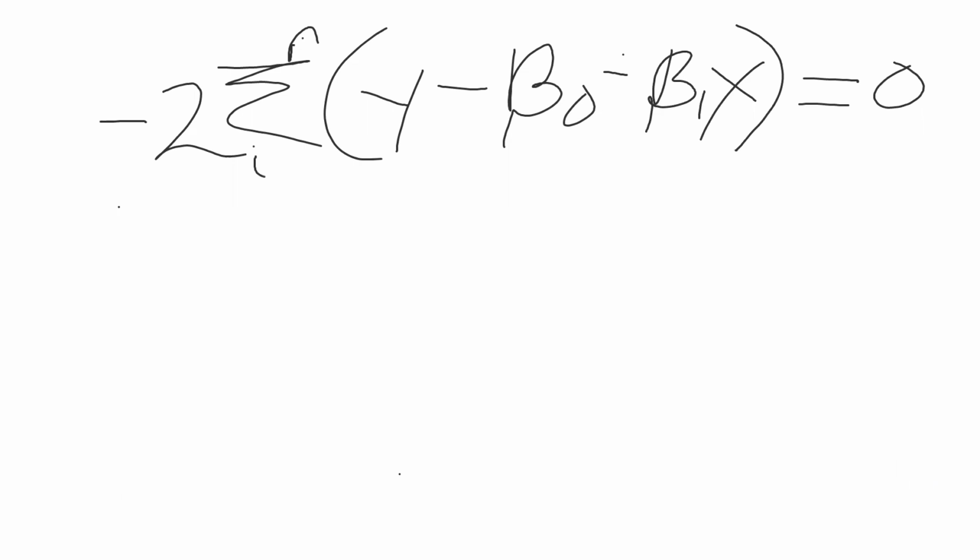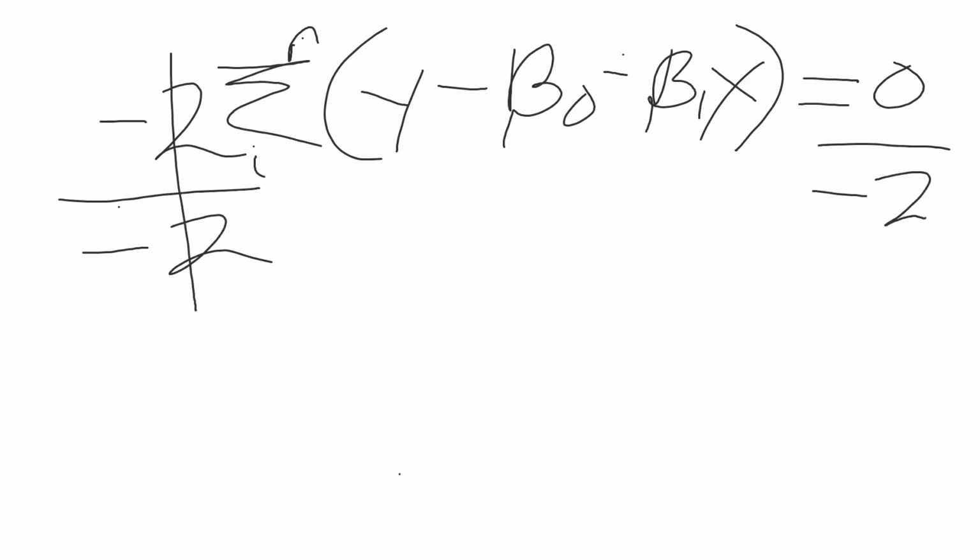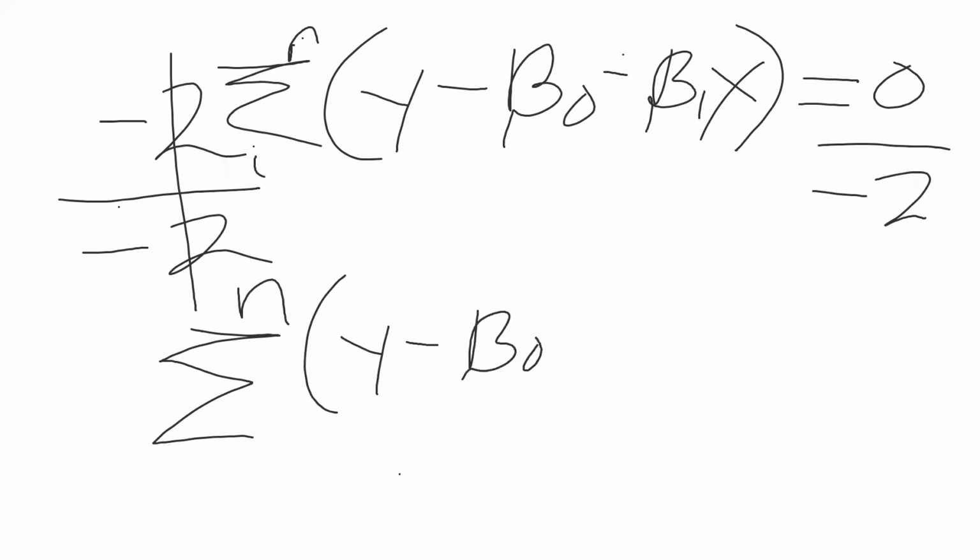So from here, what do we do? We divide both sides of the equation by -2. When you do that, you have the summation of n, y minus beta naught minus beta 1 x, equal to 0, isn't it? 0 divided by -2 is 0.